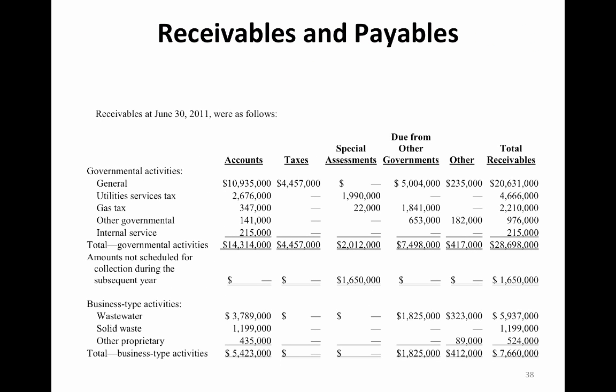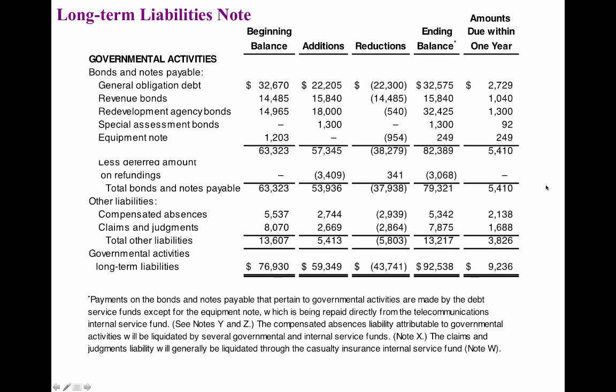And this is what that might typically look like, where you see the government's different activities and funds on this side, and then the different types of receivables across the top. The payables schedule in the payables note is going to look very much like that.